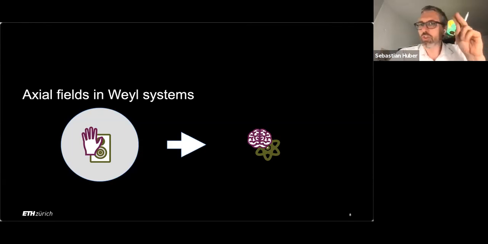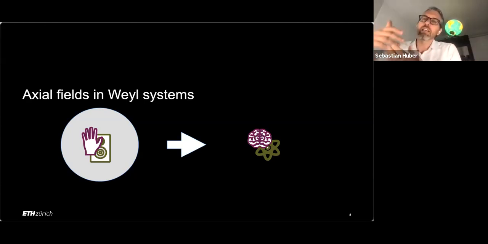And I would like to show you two examples of how we capitalize on that interplay between doing experiments in classical systems and either learning something about quantum mechanical systems, or being pointed towards challenges that are then interesting in the other context. So it's always going back and forth. And here, in this example of axial fields in Weyl systems, we started out from a challenge for classical systems.